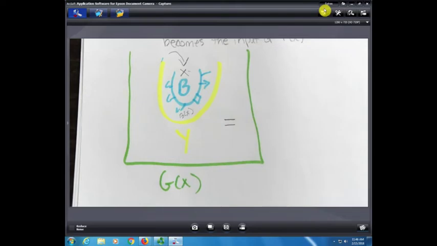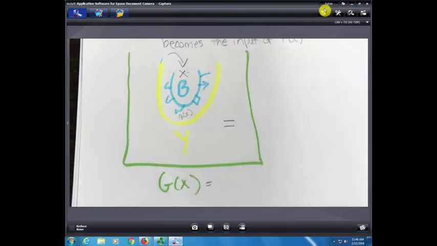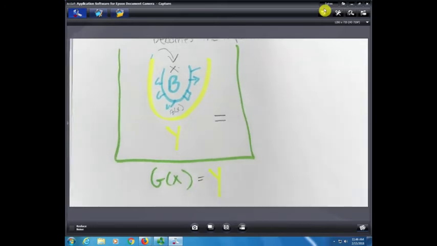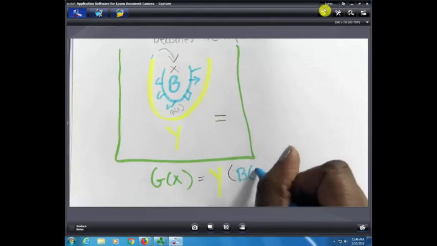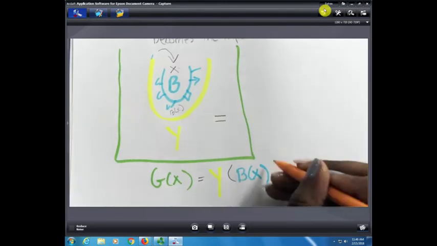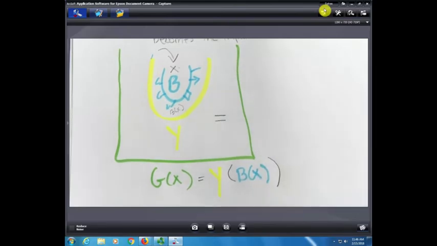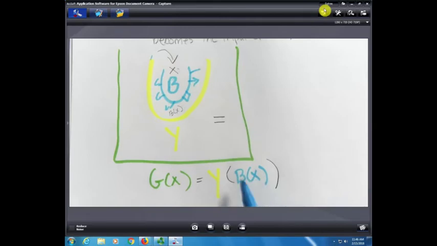And if I were to write that, g of x is equal to the y function that is comprised of, or composed of, the b function. Again, the blue function becomes the input of the y function, which is the green function. And that green function will have the characteristics of the blue and the yellow.